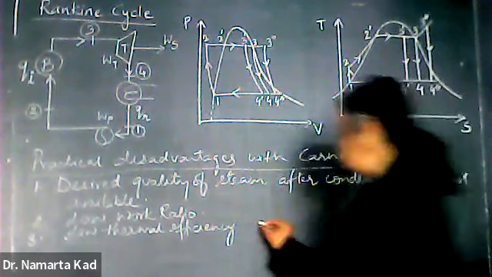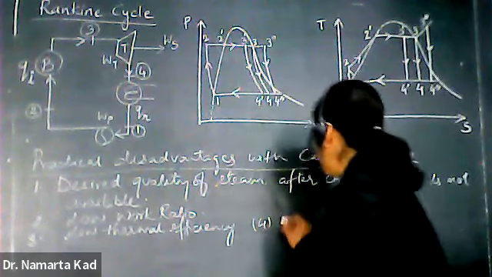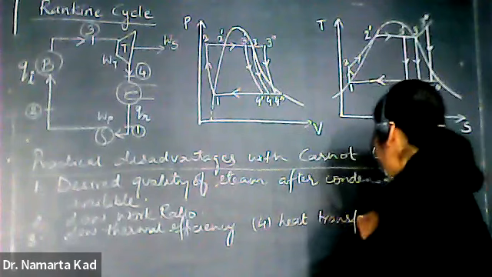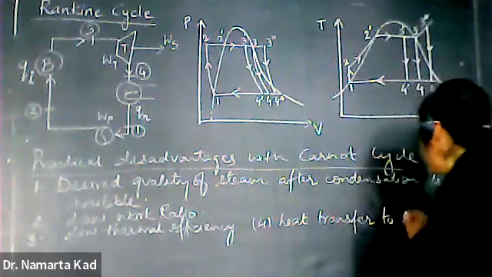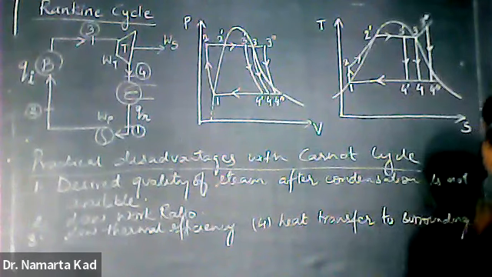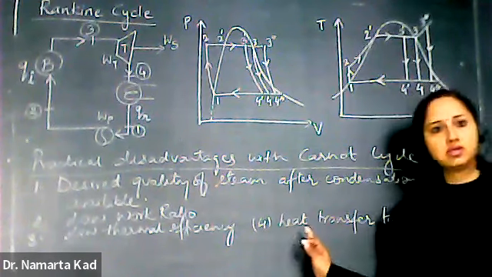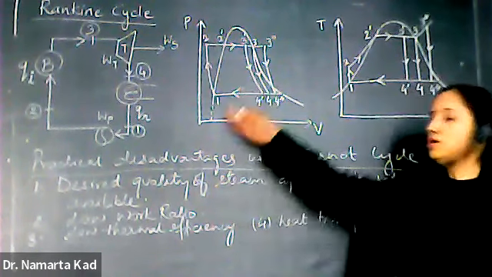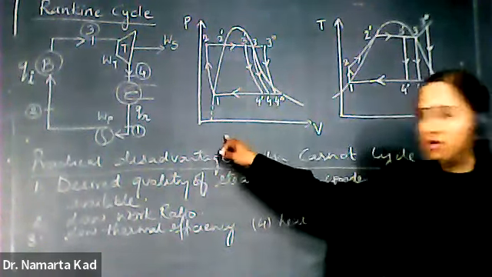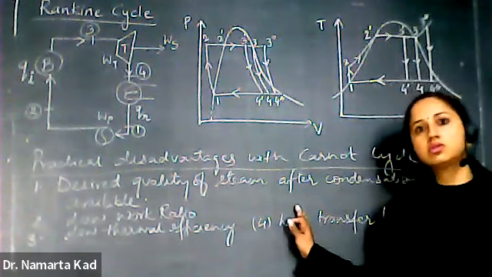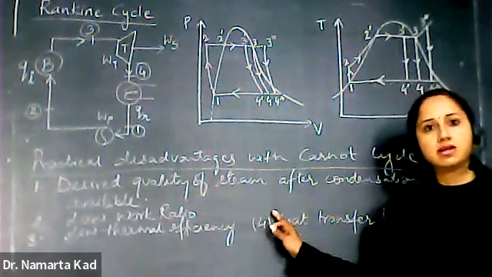So the fourth disadvantage is heat transfer to surroundings. These are some of the disadvantages due to which we shift over to the Rankine vapour power cycle, that is, why the Carnot cycle is not used for practical cases.